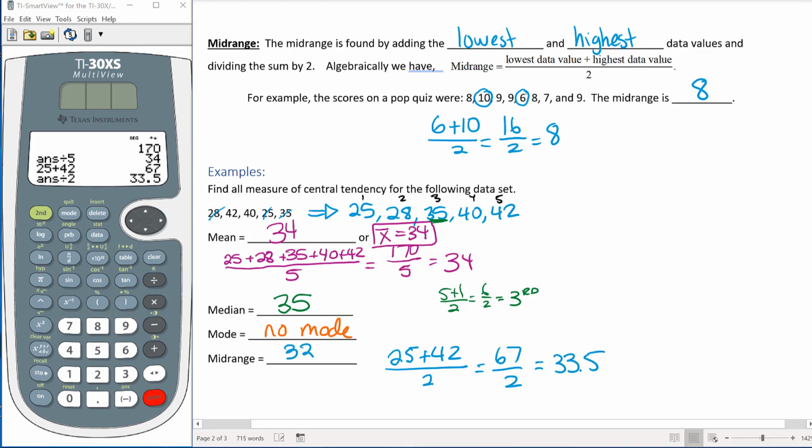So 33.5 is my mid-range. All of these measure the average, or a measure of central tendency, but they aren't all the same. But 34, 35, and 33.5 are similar values. They're all measuring central tendency.